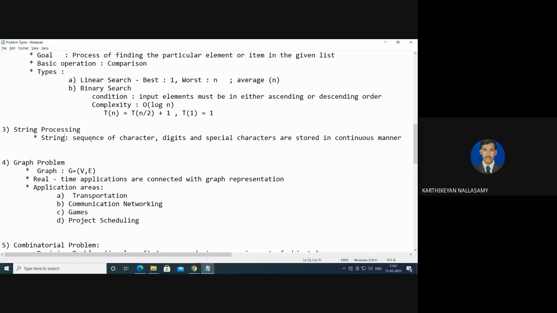The next one is the graph problem. A graph is normally defined as a collection of edges and vertices. G means a graph, normally represented with a set of vertices and edges. Many real-time applications are represented with the help of a graph, for example transportation problems like Google Maps, and communication networking, where shortest paths are used for sending packets.